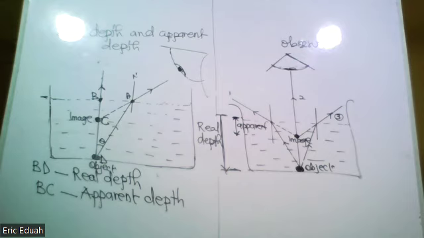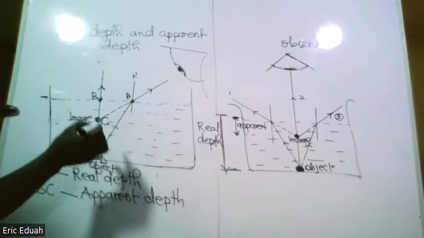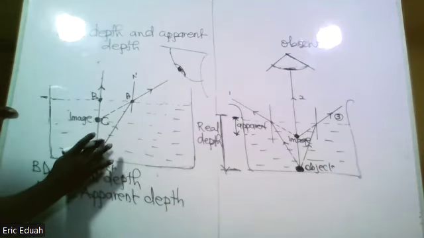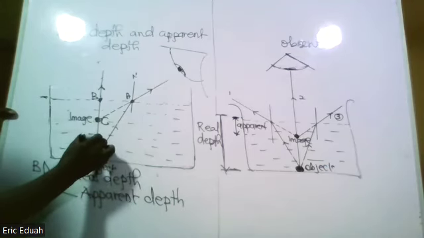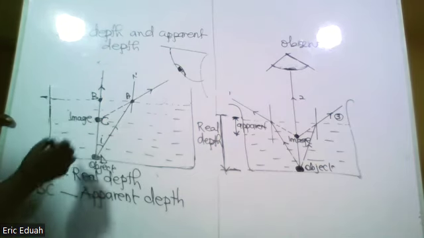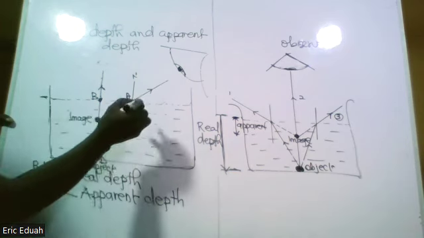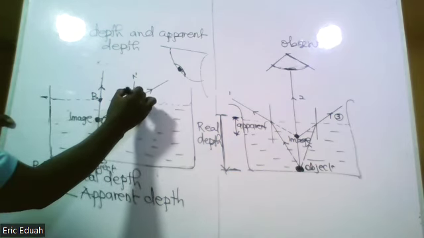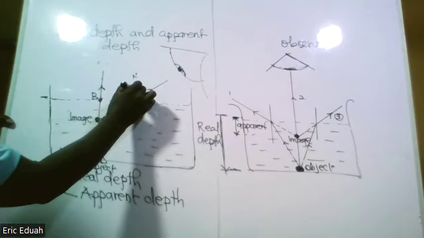Now, you can use this concept to determine the refractive index of the material or of the water. Let's say this angle is I. And this angle, of course, is the angle of refraction.